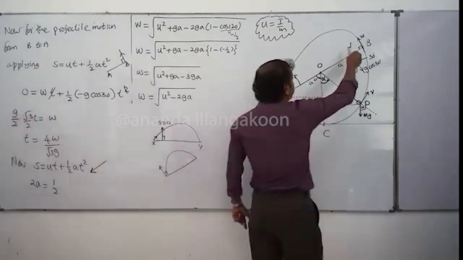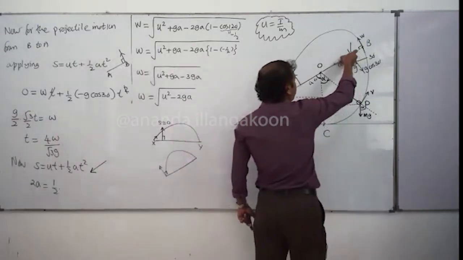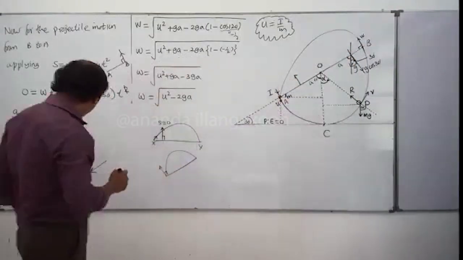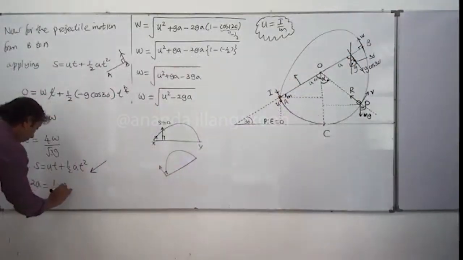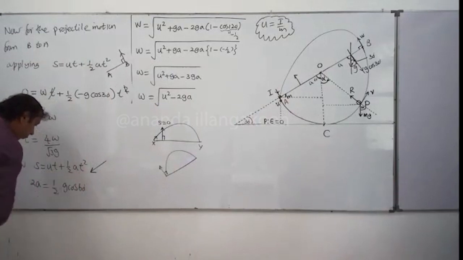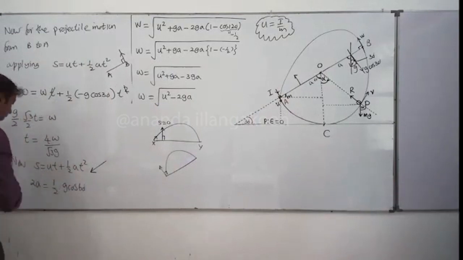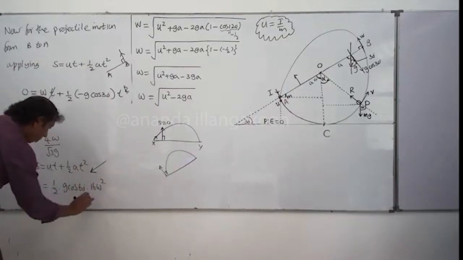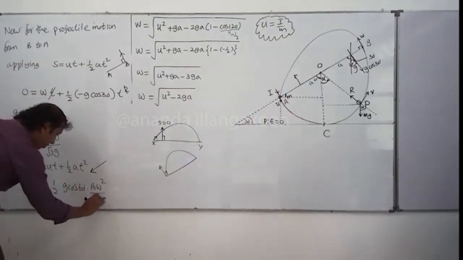It is g cos 60, the arrowhead pointing in this direction, g cos 60, times T squared. T squared is 16 W squared upon 3 g squared.